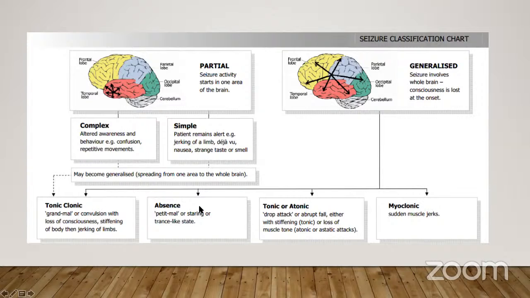The next subtype is absence seizures, which are called petit mal as well, with staring or a trance-like state, and they usually happen in children and present as just staring episodes. The next subtype is tonic or atonic. Tonic is when patients present with stiffness, and atonic is drop attacks, an abrupt fall due to loss of muscle tone. And myoclonic is usually sudden muscle jerks.